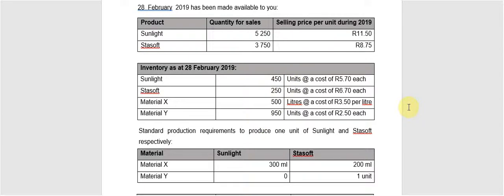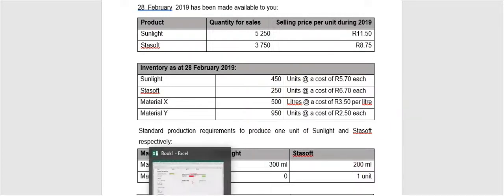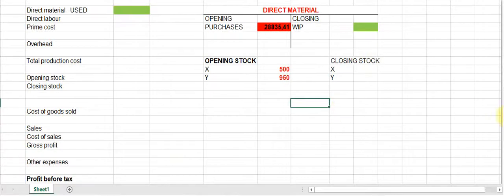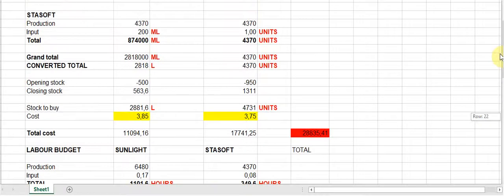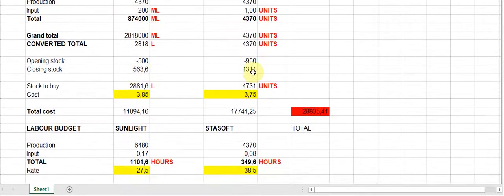Okay. Then we also have closing stock units, and that we can take from our purchases budget. That was 31311 and this 563,6.